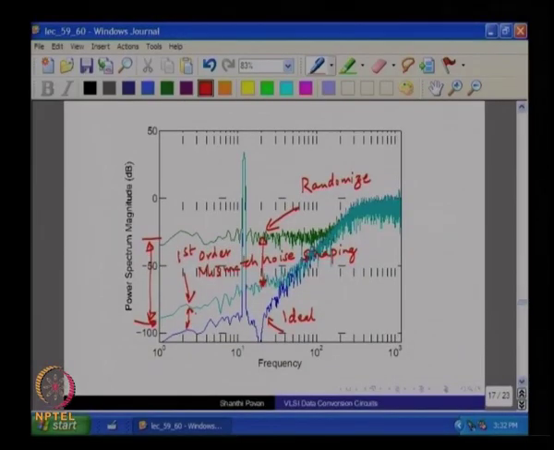So that basically means that if you have 0.5% distortion, you probably won't be able to see it. I mean, with first order mismatch noise shaping, the spectrum you would see would be pretty much the same as the ideal spectrum. Does this make sense? Okay.